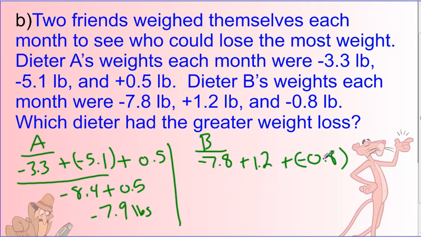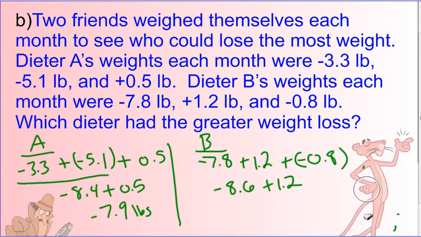If we add the negatives together first, so negative 7.8 plus negative 0.8 gives me a negative 8.6. Negative 7.8 plus negative 0.8. 8 plus 8 is 16. Carry the 1. 7 plus 1 is 8. Decimals lined up. There's our negative 8.6.